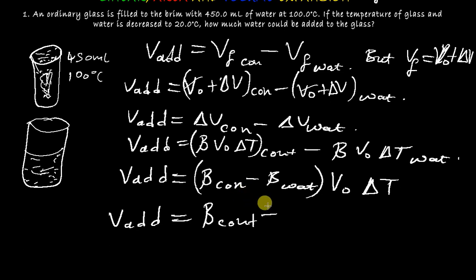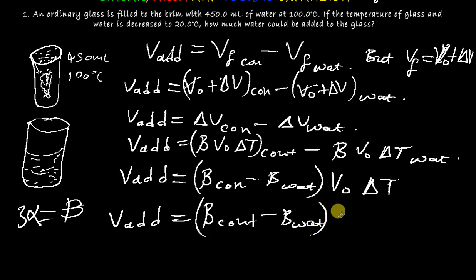Most pure physics books have this. They only contain alpha, so to find beta, you just say 3 times alpha. We know that 3 times alpha is just equivalent to beta. That is what we just discussed. So beta of container minus beta of water.